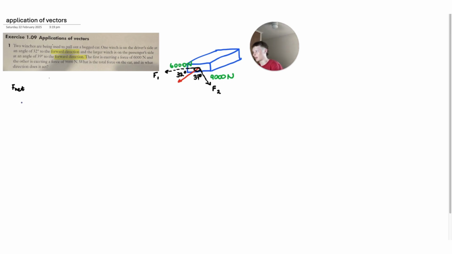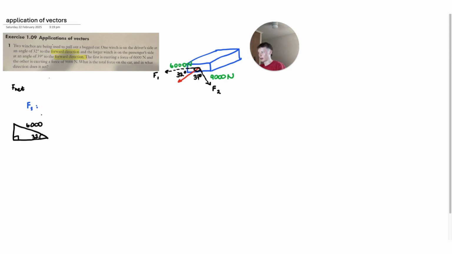So if we just start with F1, I'm going to look at, okay, we've got, I guess, relative to the forward direction of the car, that's what we're looking at.